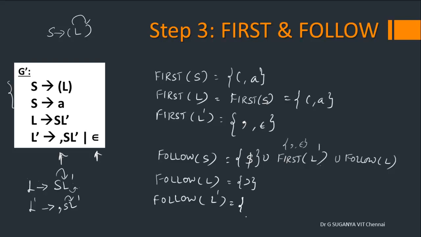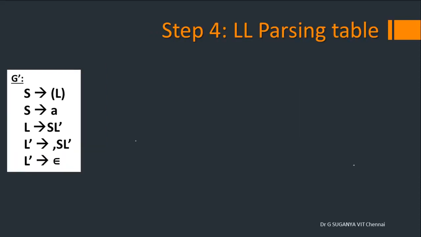That's all. Then again, what is follow of L dash? L dash is not followed by any symbol in both places. So you have to move back to the left and add its follow. So it will be equal to follow of L, which is again close bracket. So follow of S is dollar, comma, and then close bracket.